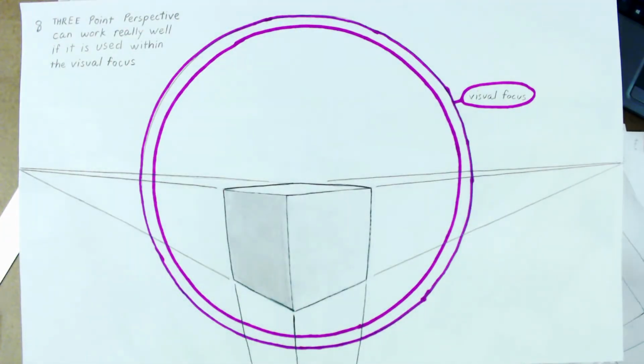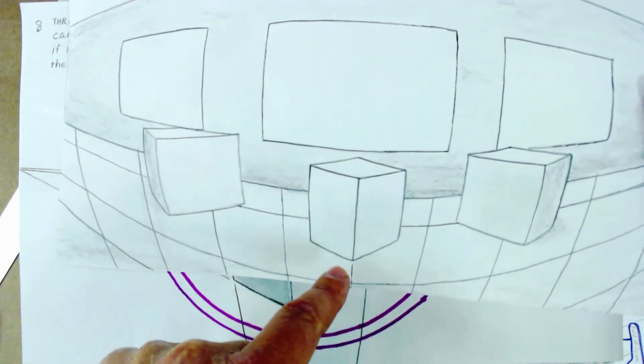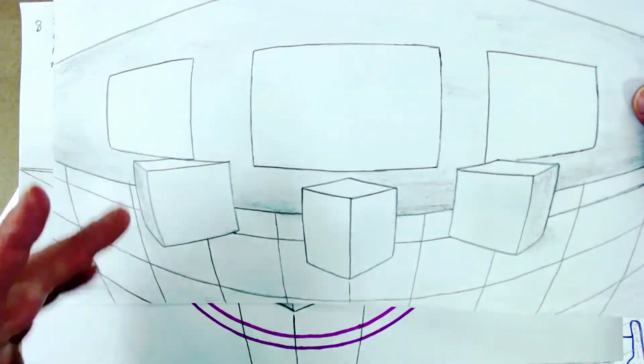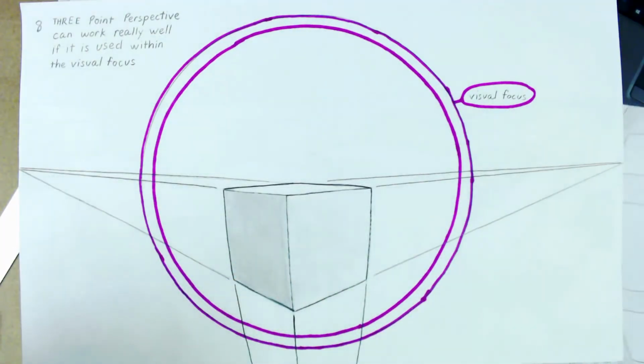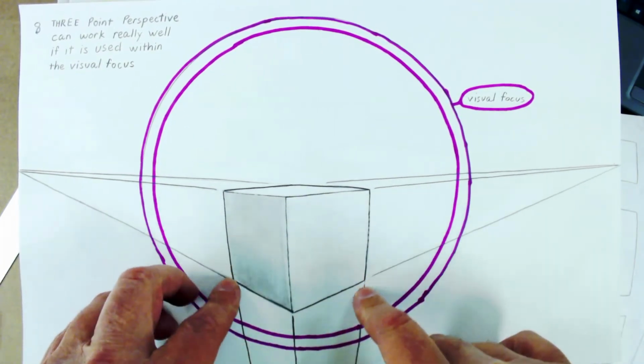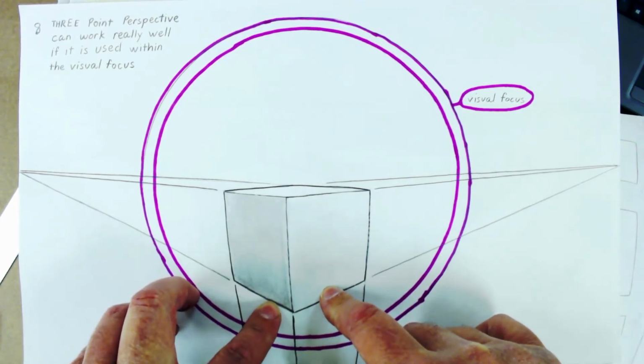Okay, so if you'll notice, the center cube actually didn't look too bad. This rectangle right here didn't look so bad because that was in the center. And so if we were to use three-point perspective, you would see that we could use it in the center, just like this.